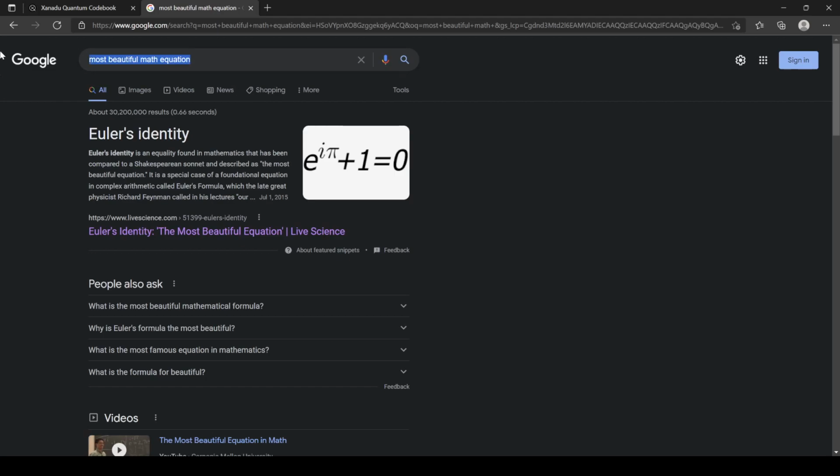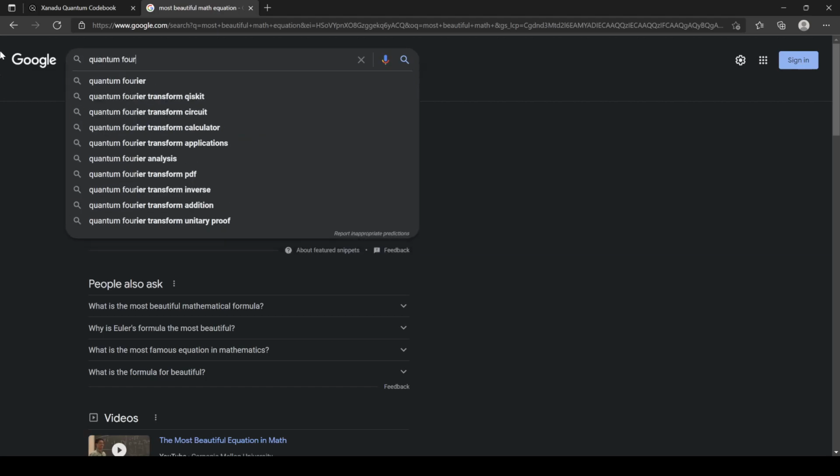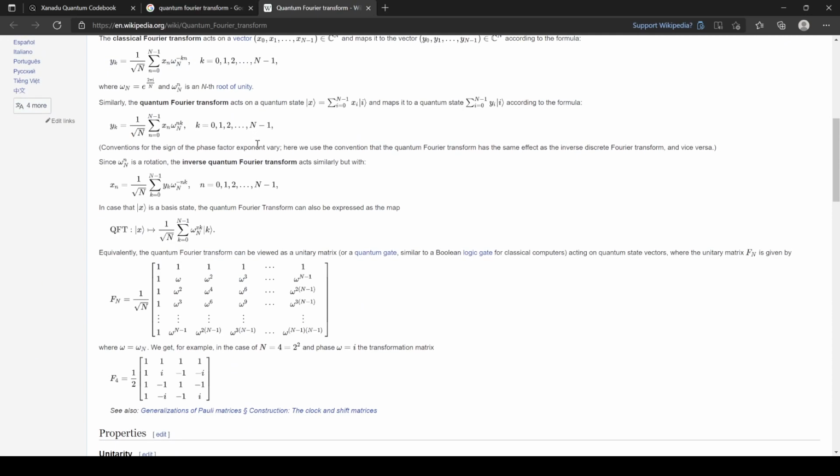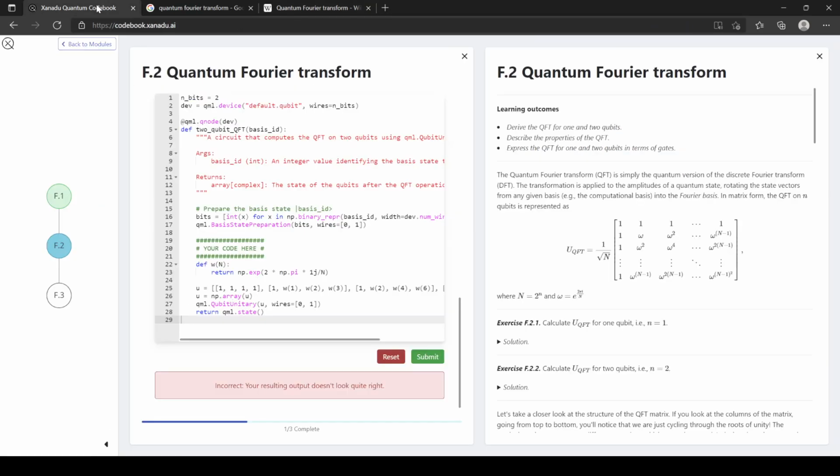Let me look it up, make sure I'm not messing up the equation. 2, 4, 6, 3, 6, 9. Right, this is the matrix we want right here. This 4x4. Oh, I realized what I did. I forgot to do 1 over numpy dot square root of 2. No, sorry, square root of 4, which is just 1/2.